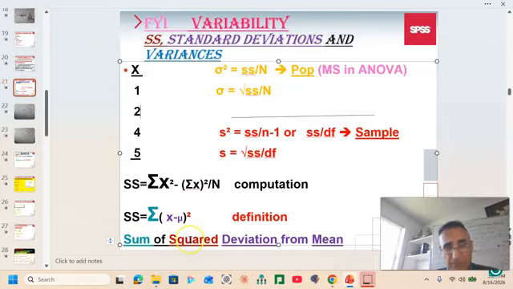Squared means you multiply it by itself. Deviation means distance from mean. So that means if the mean is 3 and your score is 1, 1 minus 3 is -2. That's the deviation. Distance from mean is 2 below the mean.